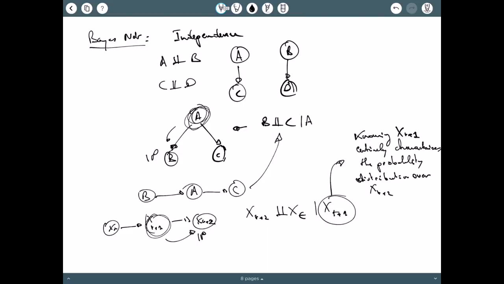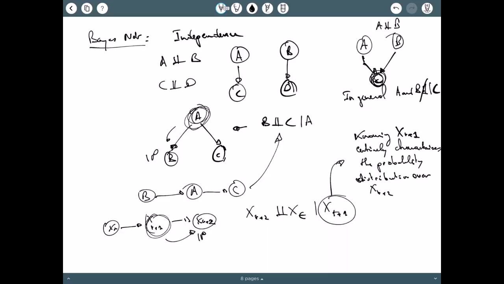And finally, one thing that you may want to keep in mind: when you have independent variables that have a common child, we'll see in the exercise that in general this will mean that if you condition with respect to C, A and B will not be independent conditionally to C. So in some cases it may actually be the case, but in general, although A and B are independent here, if you know information about C, then information about A will change the beliefs we have over different states of B.